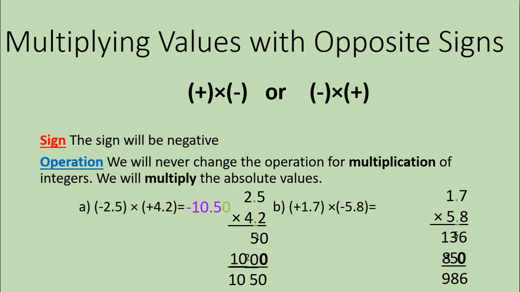I need to place my decimal point. Look at the digits after the decimal point in the question. There's one digit after the decimal point for 1.7, one digit after the decimal point for 5.8, 1, 2. There should be two digits after the decimal point for my answer, 9.86. But remember, my answer will be negative, so it will be negative 9.86.